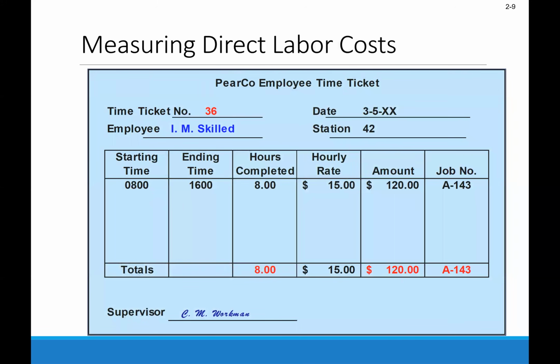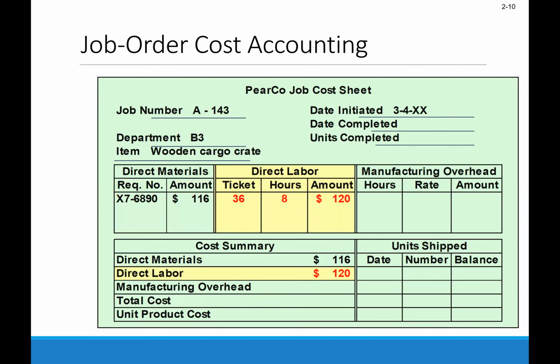Time tickets, the direct labor associated with the various products, will also be allocated to each specific job, as you can see here. That also, for this job A143, will be linked to the cost sheet for this specific product.